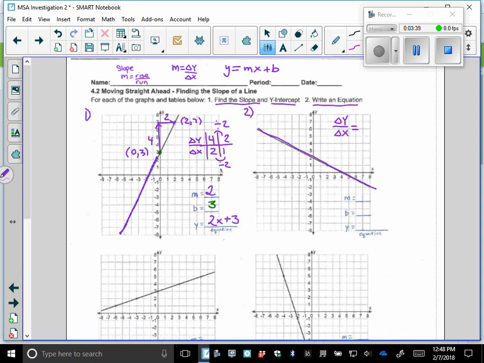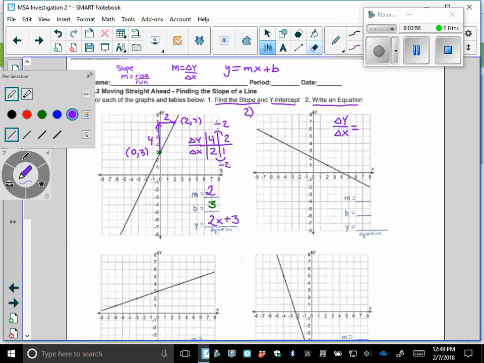When you go uphill, you have a positive slope. When you go downhill, you have a negative slope. Just keeping that in mind, it's always good to think about that before you actually do the work.